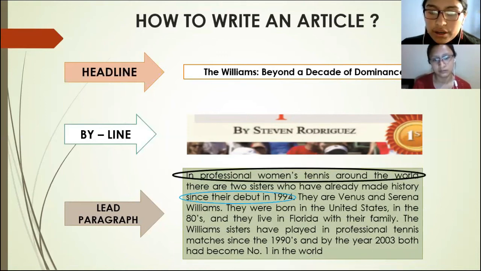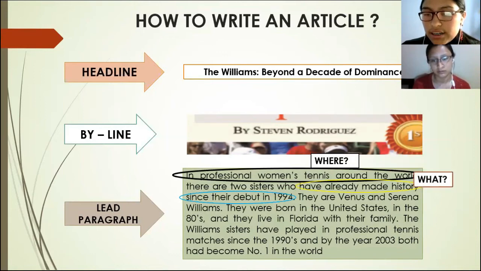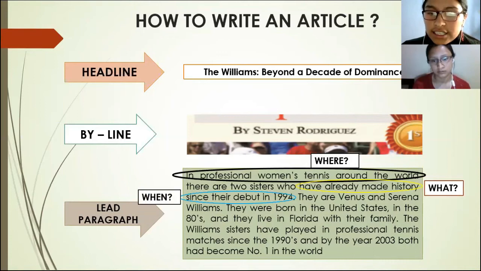For example, "in professional women's tennis around the world" is answering the question where. Then we have "already made history." In this case, it is answering the question what. And then we have "since their debut in 1994." Here we have to be very careful because it mentions the year.